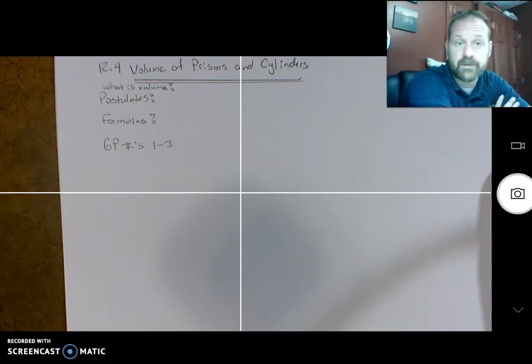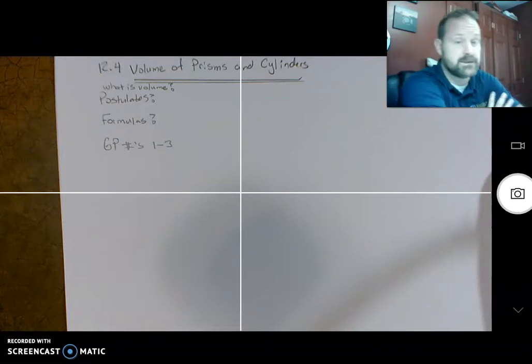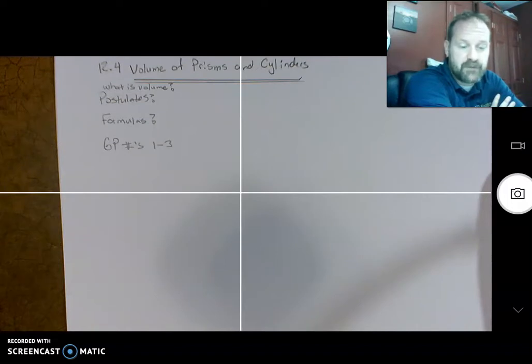Okay, we're gonna keep moving in section 12.4, working with volume of prisms and cylinders. First off, we need to talk about what is volume. The best way to think of volume is displacement. That's probably not a word you've heard before. One of the ways volume was measured back in the day was by displacement.